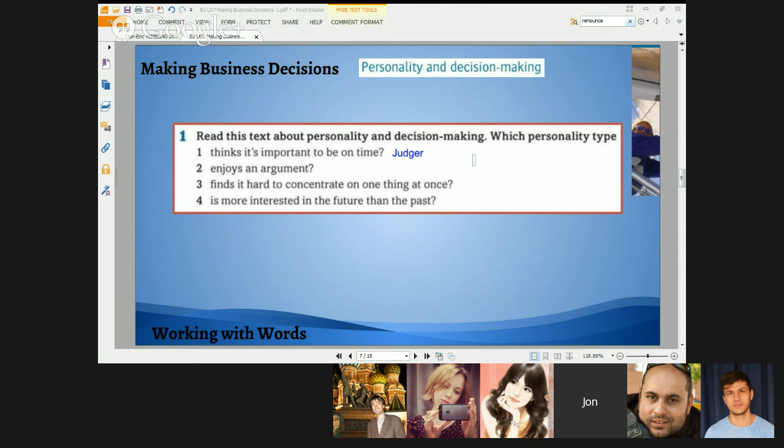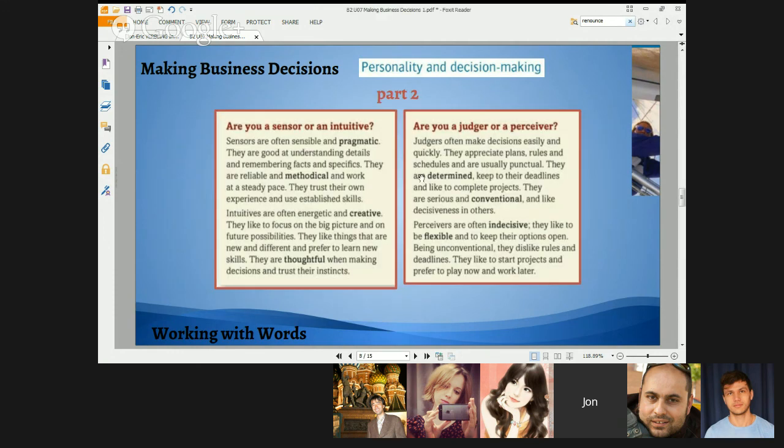Which personality type enjoys an argument, according to the text? What do you remember? I should probably put the names on the screen: thinker, feeler, extrovert, introvert, sensor or intuitive, and judger or perceiver.